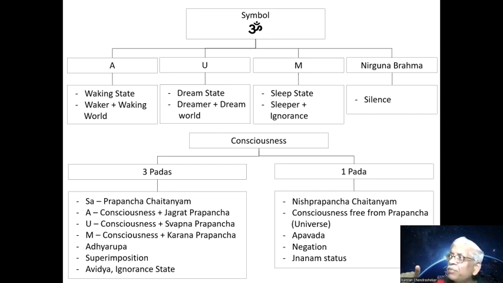The silence represents the Nirguna Avastha, Nirguna Brahman, which is the real nature. So the Om which represents Brahman, which is the Nirguna Brahman, Om also represents Atma, the self in me.